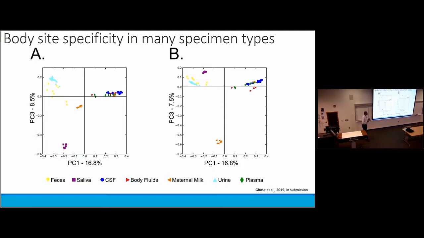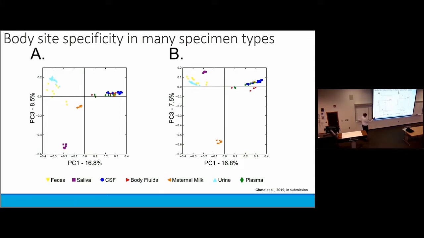But trends are clearly occurring that we're starting to notice amongst these different body fluids. So for example, these two are basically showing the same thing on different axes, but if you concentrate on panel A, you see urine, which is fairly close to adult stool, which is fairly close, at least on the x-axis, to saliva.